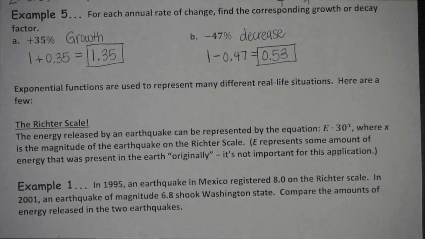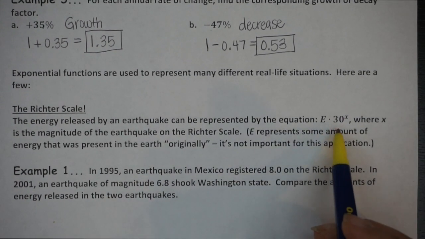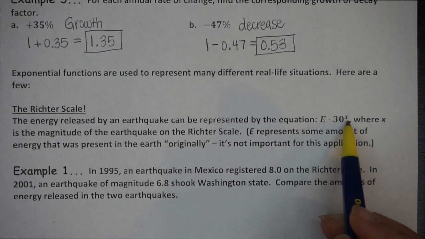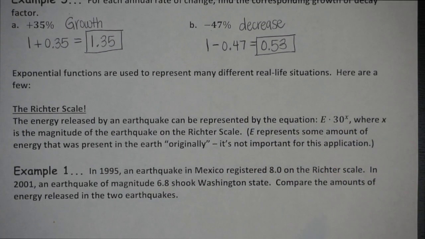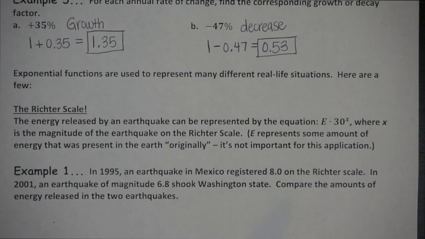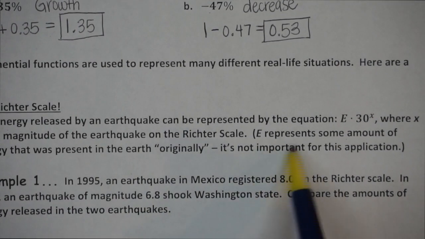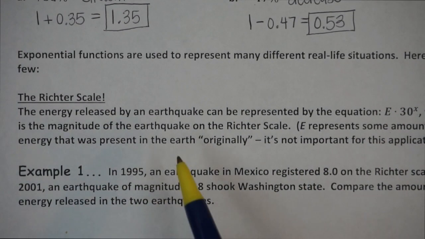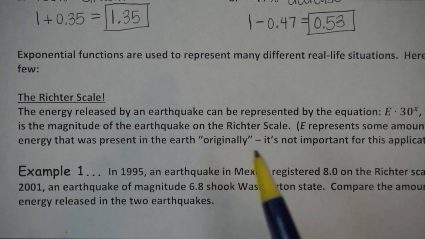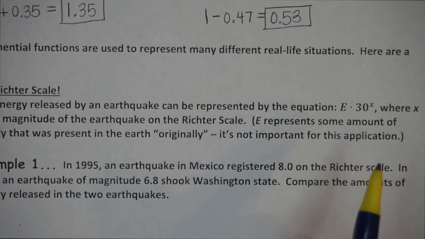The energy released by an earthquake can be represented by the equation E times 30 to the power of x, where x is the magnitude of the earthquake on the Richter scale. Something to note is the letter E represents the amount of energy that was present in the earth originally. It's actually not important for the application that we're going to use. It's going to end up canceling out.